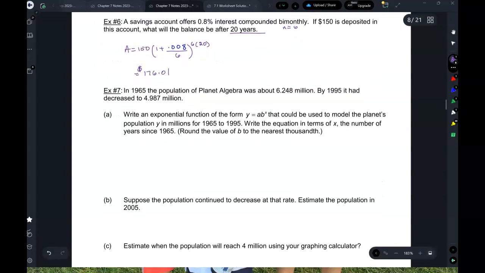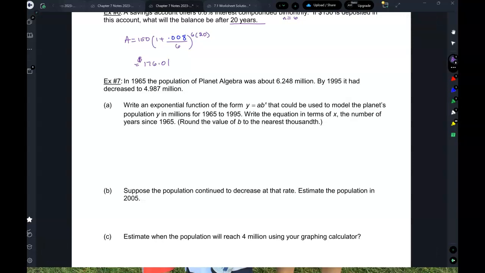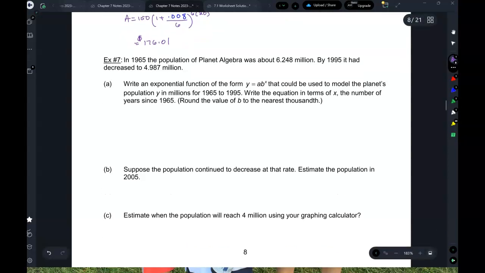In 1965, the population of Planet Algebra was about 6.248 million. By 1995, it had decreased to 4.987 million. Write an exponential function that could be used to model the planet's population, y, in millions from 1965 to 1995. Lots of information here.